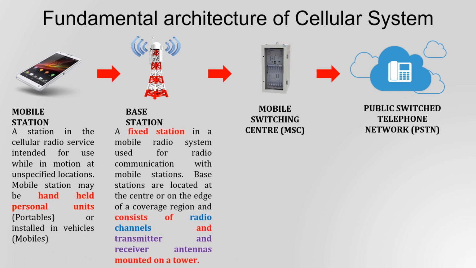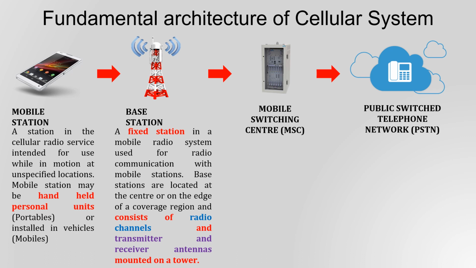Coming to the base station, base stations are the fixed stations which you can see on the ground. They are mounted on towers. You can see certain towers on the ground, right? Those are what we call base stations. Base stations are fixed stations responsible for receiving the signal from the mobile station.